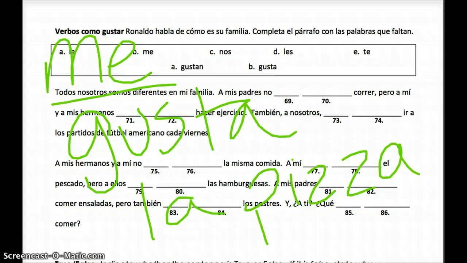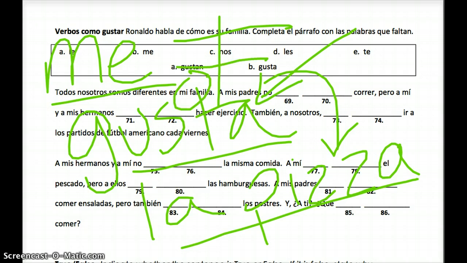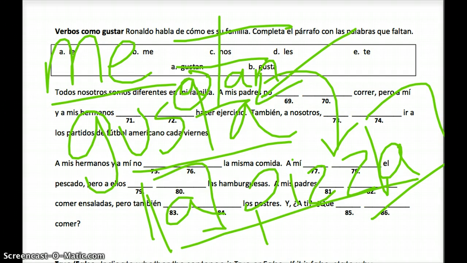And then gusta is the pizza doing the pleasing. The pizza's yummy, makes me happy, so pizza is doing the gusta, and since pizza is singular, on a normal verb chart, it ends in a, and on a plural verb chart, it would end in on. So pizza is singular here, no s, which is why it's going to end in a there, gusta.